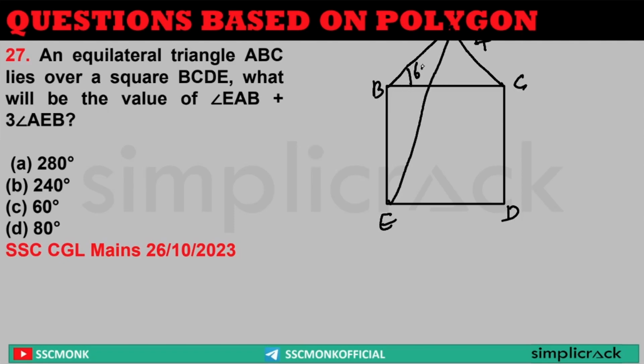Now see, equilateral triangle means this is 60 degree, square means this is 90 degree. Now BE is equal to AB, that means these two angles will be equal. Now this is 150, that means this is 15 degree and this angle is 15 degree. So EAB is 15 degree plus AEB is 15, that is 45 degree, which is equal to 60 degree. Answer option C.